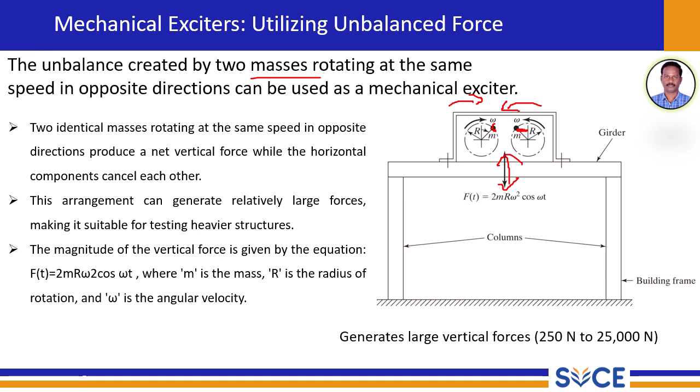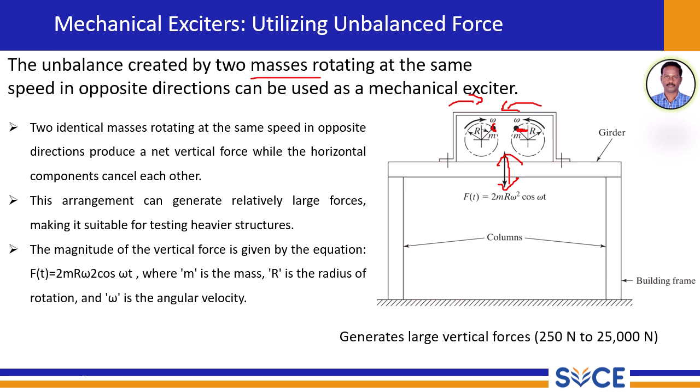This type of exciter is particularly advantageous because it can generate relatively larger forces. This makes it well suited for testing heavier structures where more significant excitation forces are required to induce measurable vibrations.